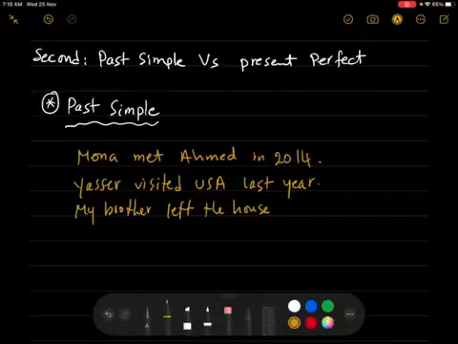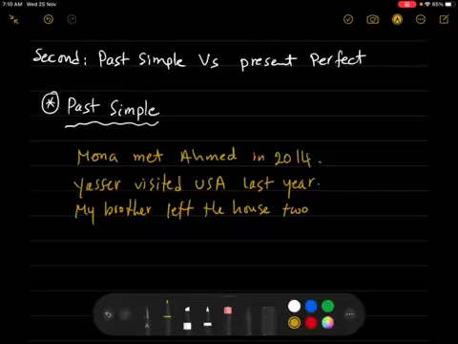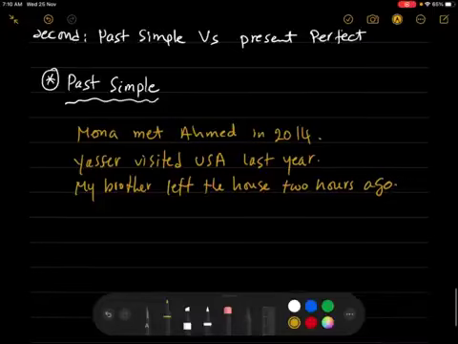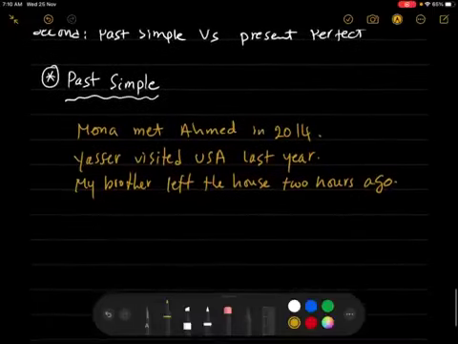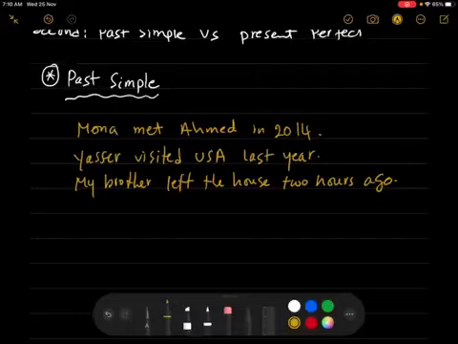And also, using the past simple, we can specify the point at which the action was completed and say 2 hours ago, and so on. Okay. Also, the past simple can be used to express many actions which followed each other in the past.